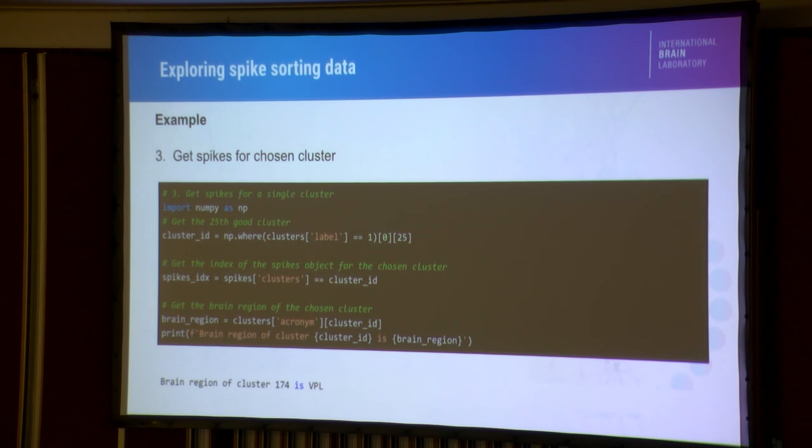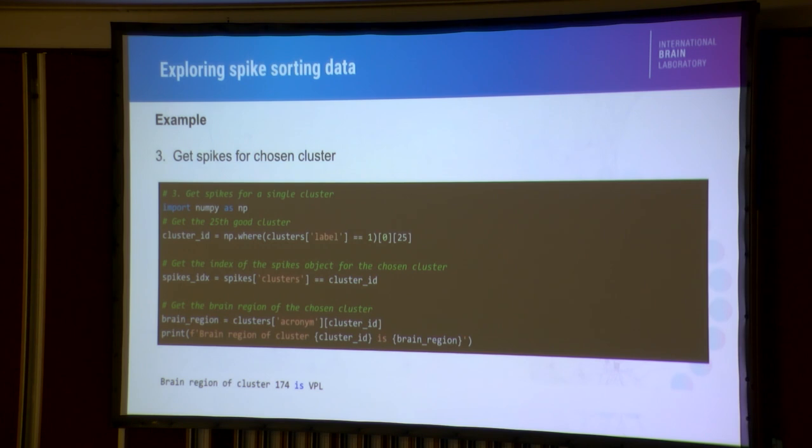And then we get this cluster index. In order to get the spikes for this specific cluster, we have to find the spike index of that cluster. So we simply take the cluster ID that we've just defined and say where are the spike clusters equal to this cluster ID.